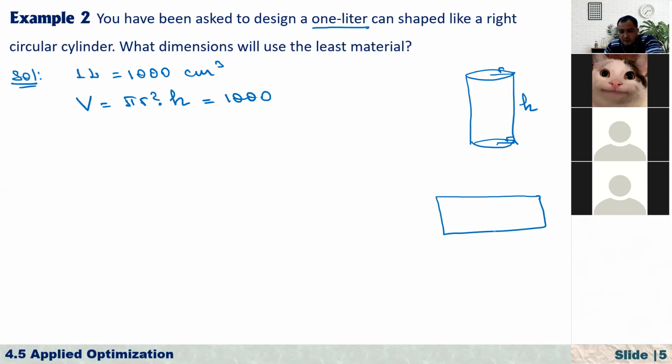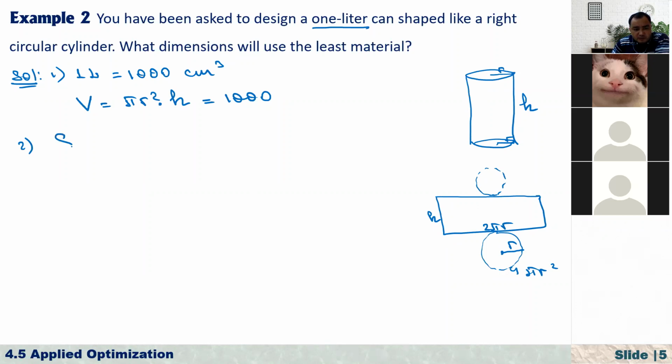Here we are given a top and a bottom. So what is the length of this rectangle? It is 2 pi r, its height is h, and the radius of this circle is r, so its area is pi r squared, right? So that is the first one.